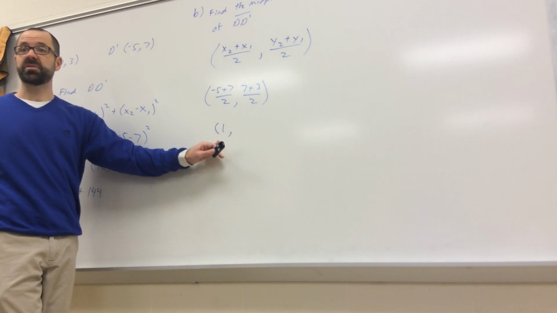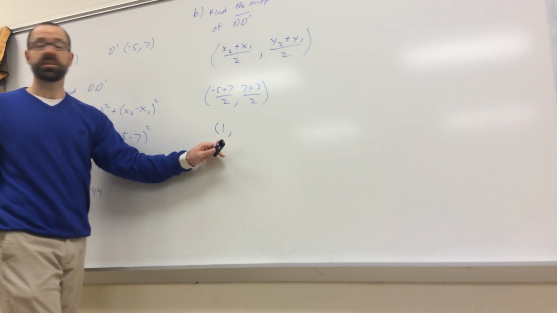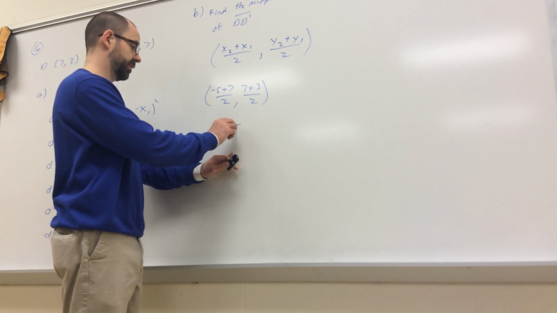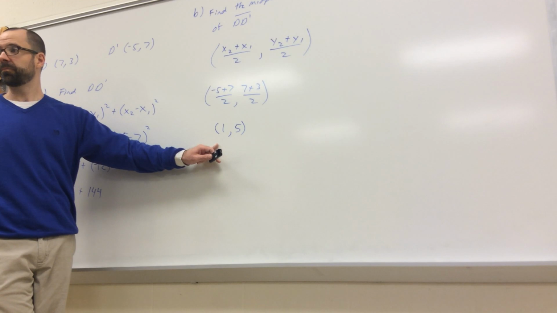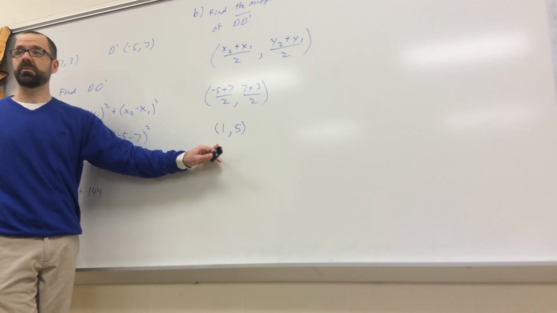And then 7 plus 3 is 10, and 10 divided by 2 is 5. So the midpoint between D and D prime is 1, 5.